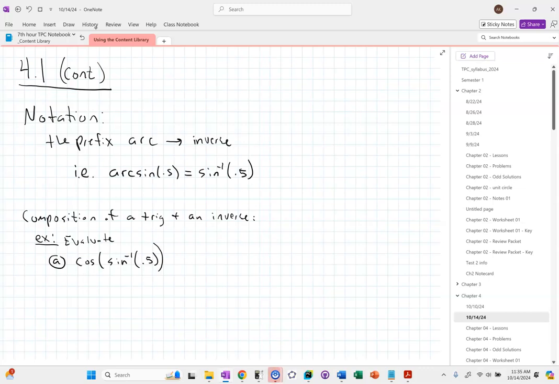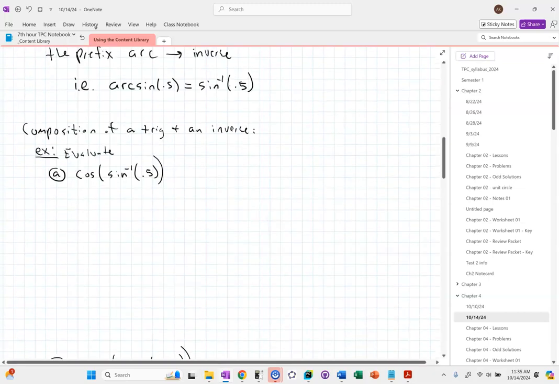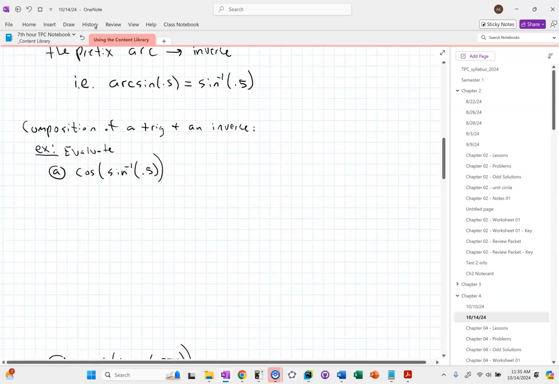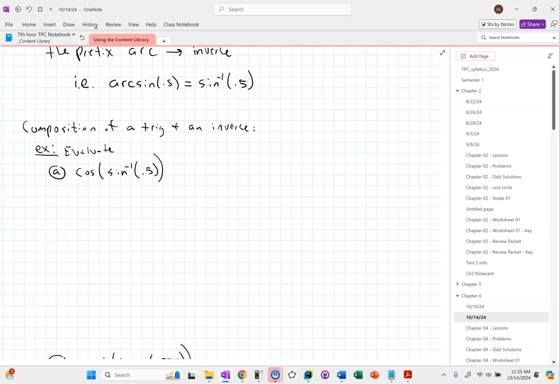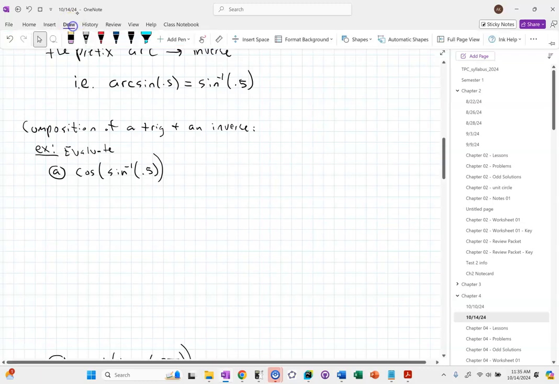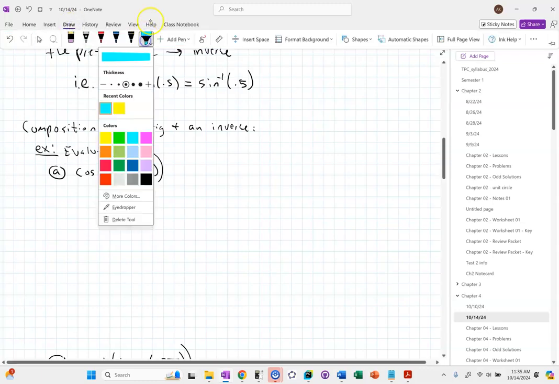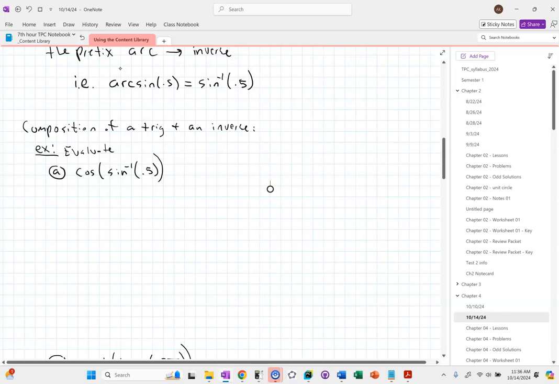What I want to talk about next is some practice looking at the composition of a trig function and an inverse trig function. So for example, let's say we have cosine of sine inverse of 0.5. Everybody's okay with that?